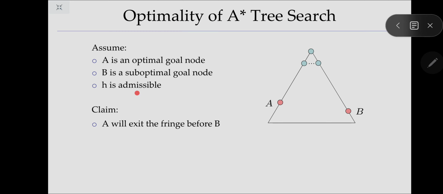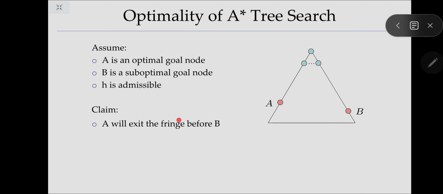Now, we have a way to prove the result. We consider a violation example.